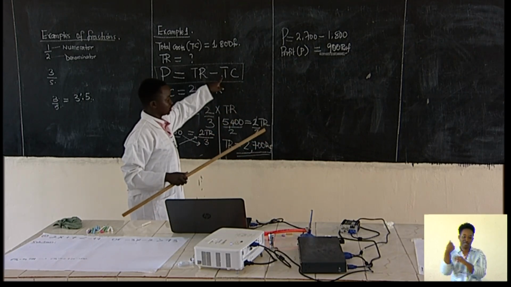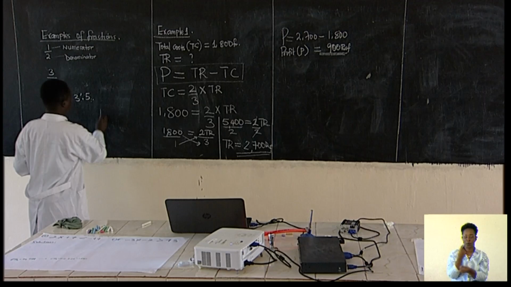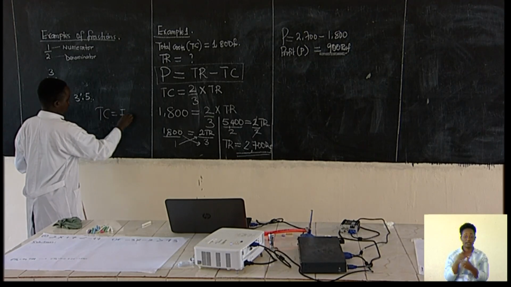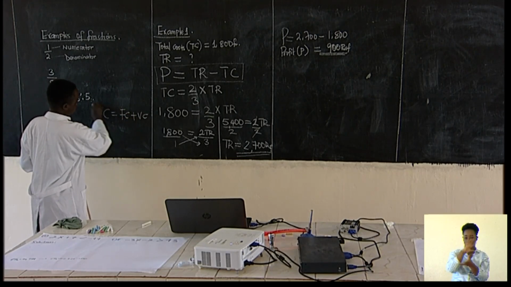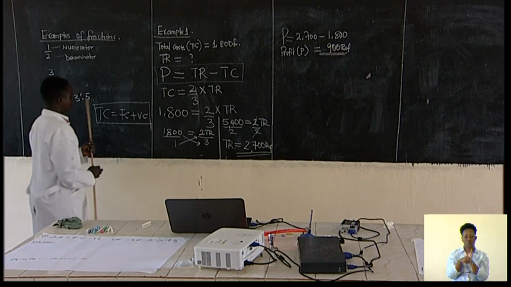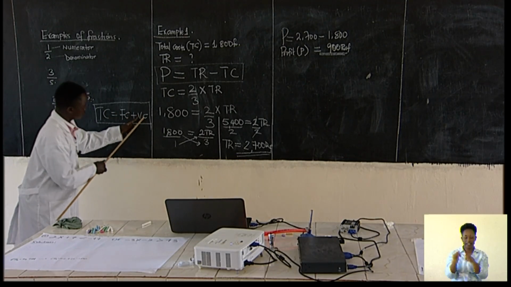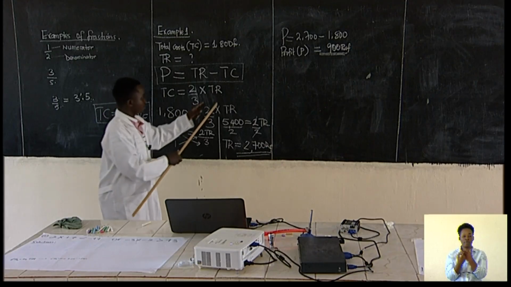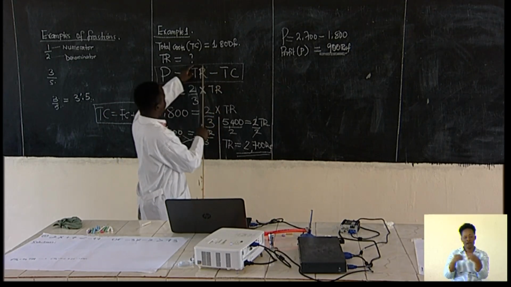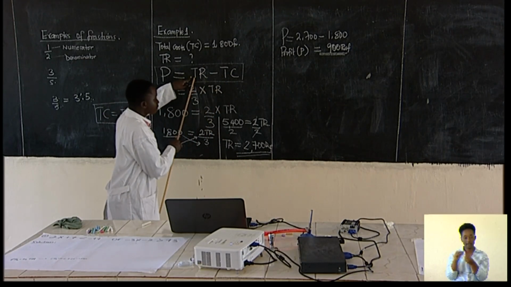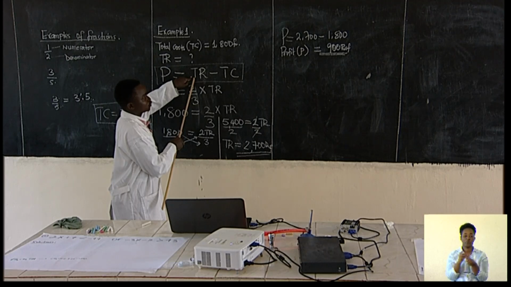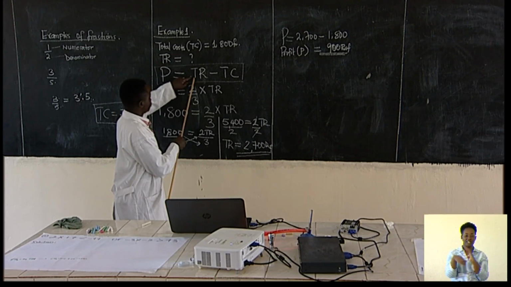Fixed costs are those which don't change with output level, plus those which change with output level. So you'll be able to get total costs. When you subtract them from total revenue, then you'll be able to get the profit.